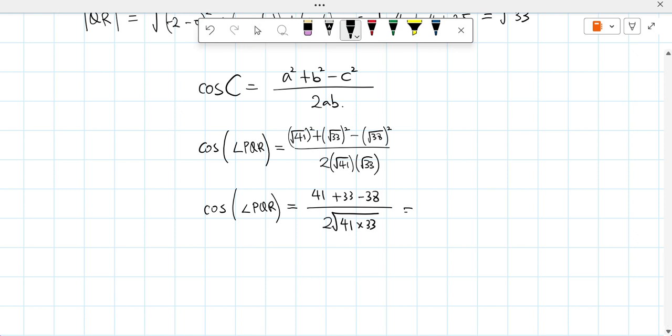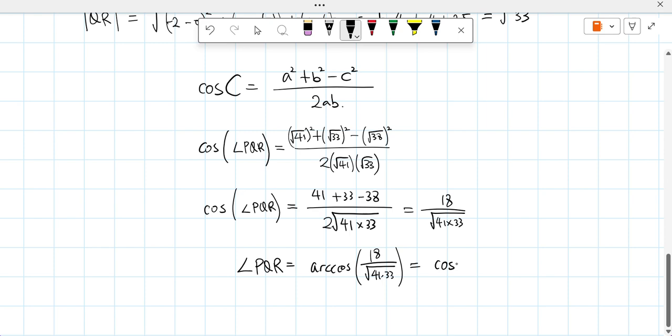The numerator will be simply 36, which can be simplified into 18 over square root of 41 times 33. Now if I do arccos on both sides, my angle PQR is going to be arccos of 18 divided by square root of 41 times 33, or inverse cosine of 18 divided by square root of 41 times 33.